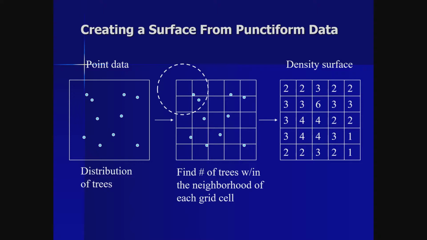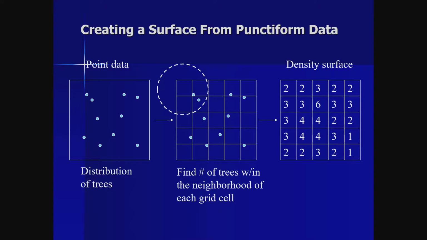Now, ArcGIS does this in 2 different ways, and most software packages do. One is that you can request the raw density surface, and the other is that you can specify that you don't want the raw density, you want the density divided by the area of the circle.